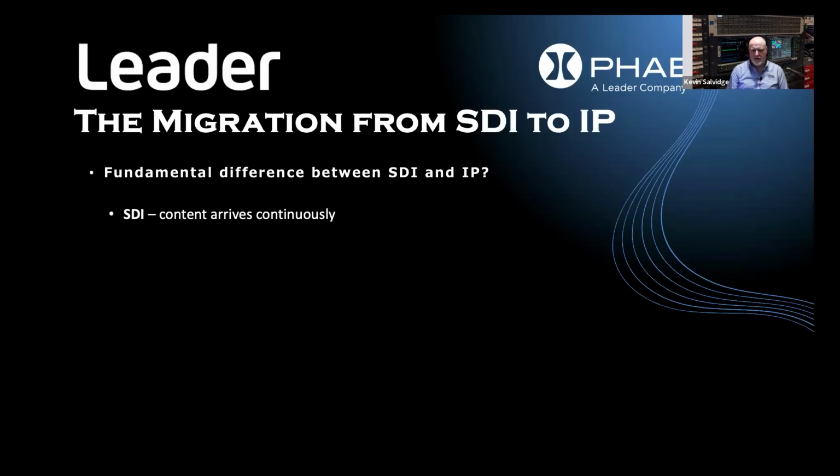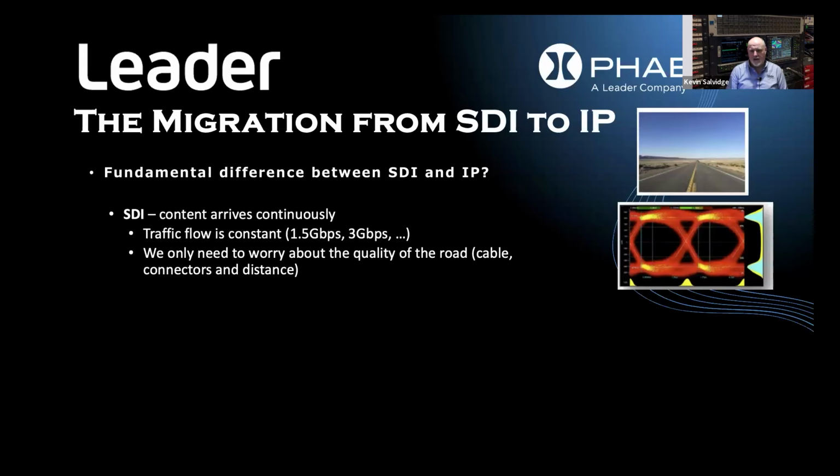So as we said, SDI content arrives continuously. We have traffic flows, and they have moved from 1.5G to 3G, 6G. Some people listening to us now are probably using 12G SDI. So the only thing we've had to worry about when it comes to SDI is, we use the term, the quality of the road.